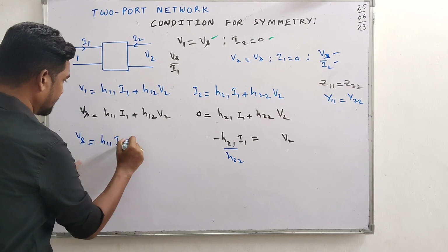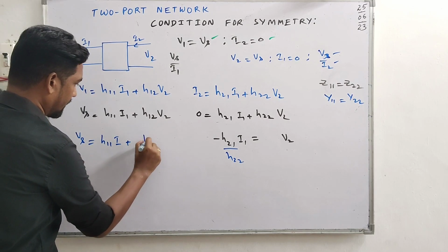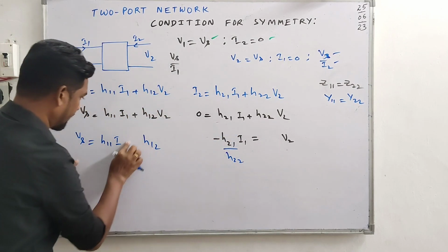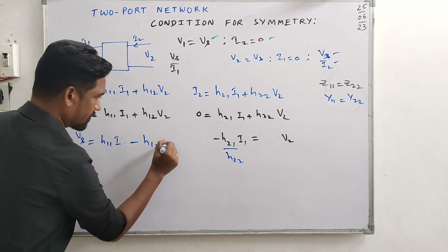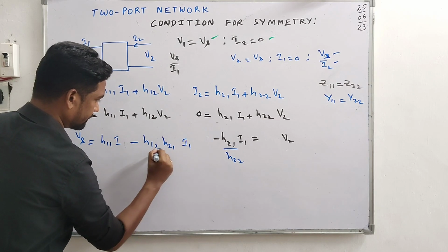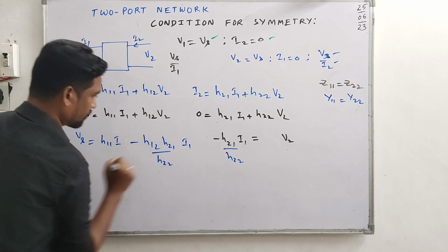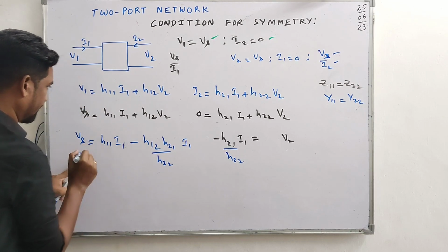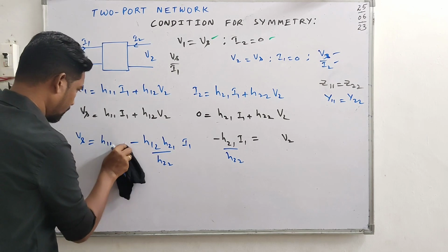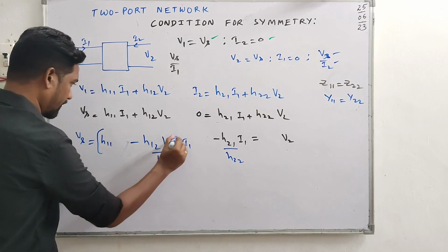h11 I1 plus h12, as it is from here, but v2 to be plugged in with this one, so that negative appears over here. We also have h21 I1 upon h22, and I1 can be taken as common from both the terms, so a braces appears over here.